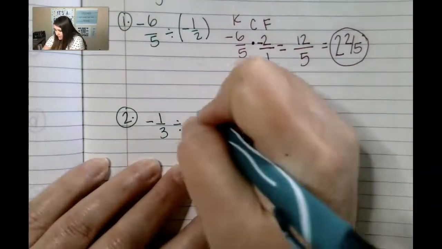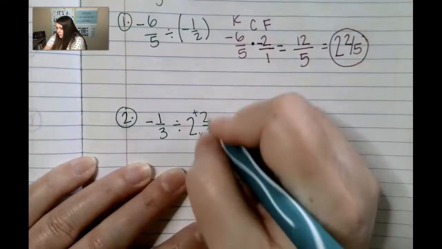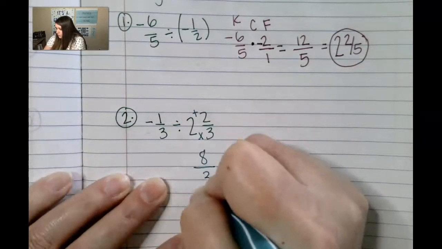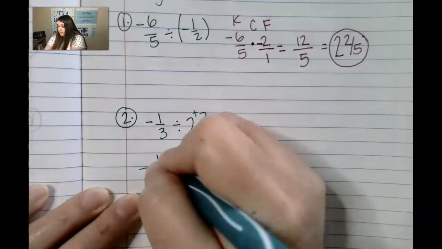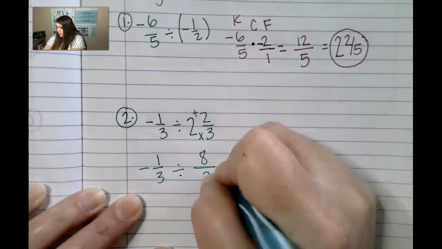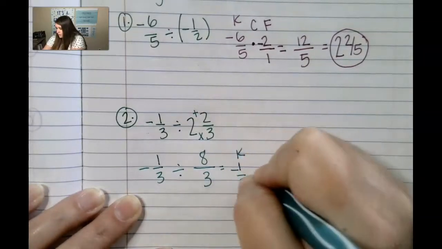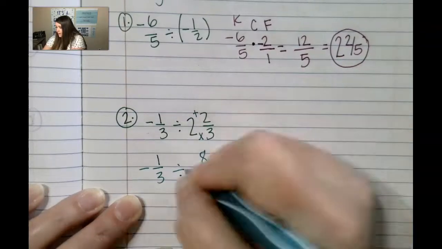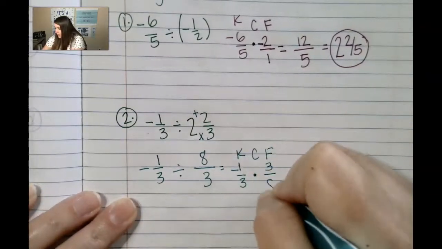Again, we need to make an improper fraction first. So 3 times 2 is 6, 7, 8. So that's 8 over 3. So we have negative 1/3 divided by 8 over 3. Again, we're going to keep negative 1/3. Change it and flip it so that we can just multiply straight across.